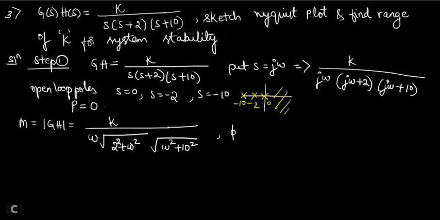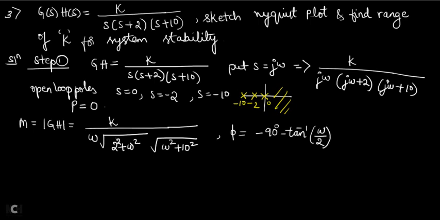Now similarly find the phase angle. In the numerator they have k, so there is no phase angle for the numerator. In the denominator you have the j omega term. As you know from the Bode plot, the phase angle of a denominator j omega is minus 90 degrees. For the second term in the denominator, j omega plus 2, you take minus tan inverse of omega by 2.